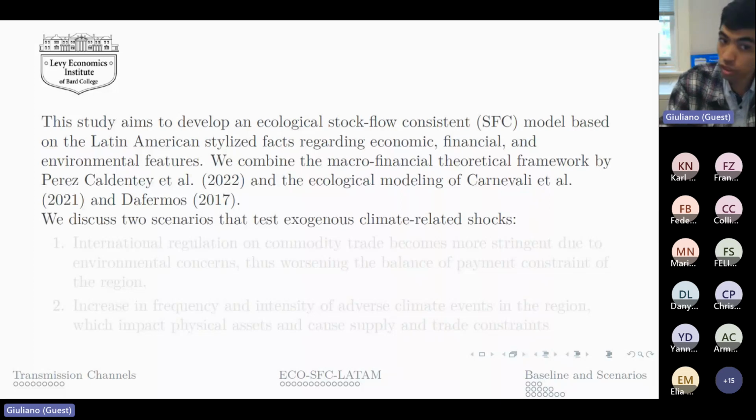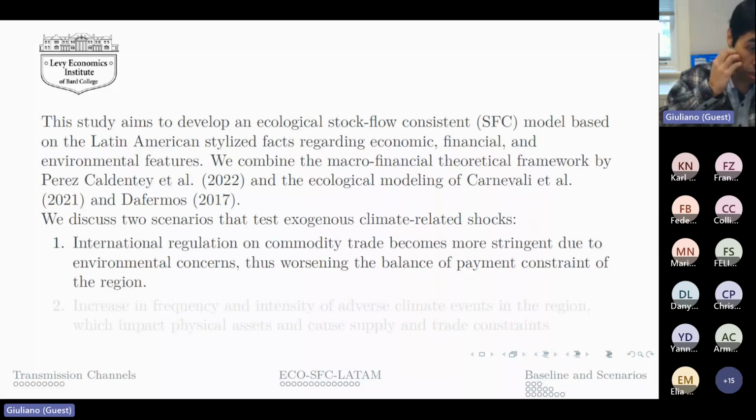We try to discuss a scenario that tests exogenous climate-related shocks. That is the effect of imposing international regulation on commodity trade, which makes this commodity trade more stringent due to environmental concerns, thus worsening the balance of payment constraint of the region.